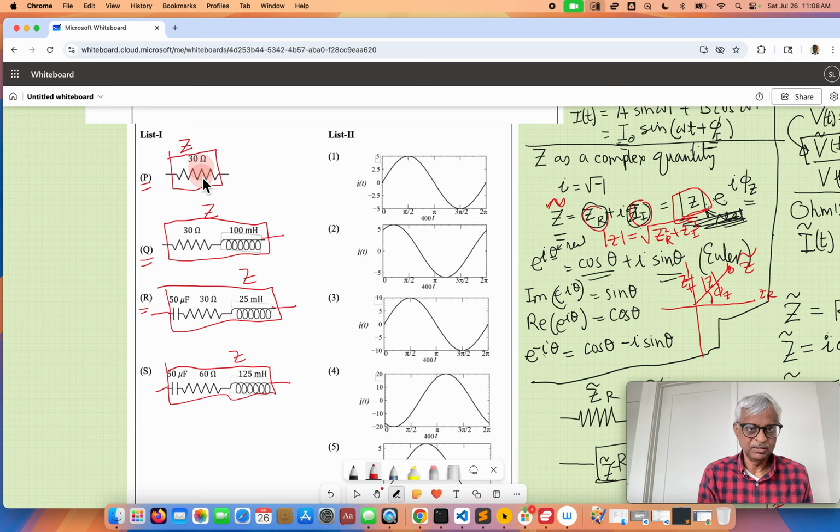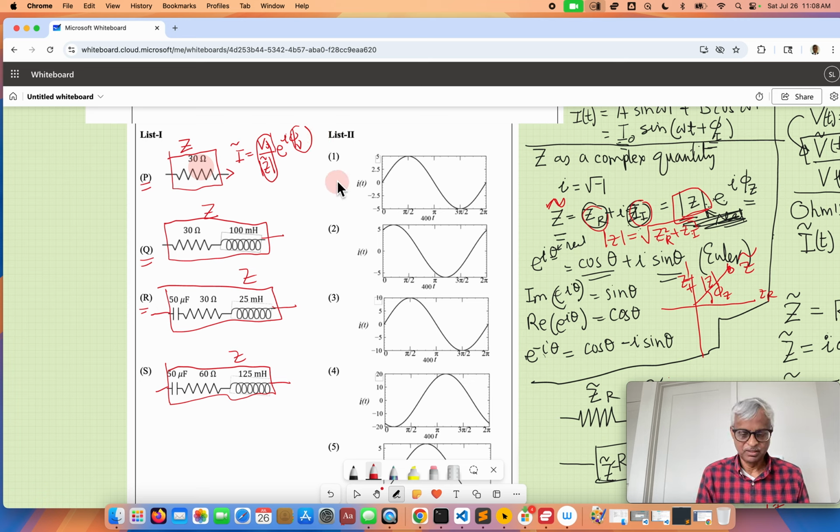So if I look at I here, I tilde will simply be V0 over Z tilde, which is just R, e to the power I phi V for that. So the magnitude will be this divided by that, and the phase will remain unchanged. So I'm looking for the imaginary part.